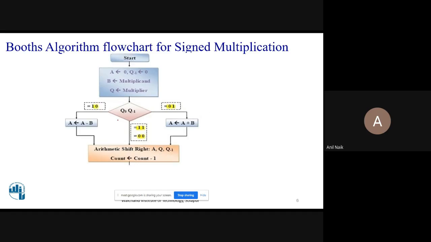Then for another condition, if it is 1 0, Q naught is 1 and Q minus 1 is 0, then you are required to perform the A minus B operation, and then the arithmetic shift. So in total there are 4 conditions. If both are the same, 1 1 or 0 0, only the shift operation. If it is 0 1, perform A plus B. If it is 1 0, A minus B, then perform the shift operation.